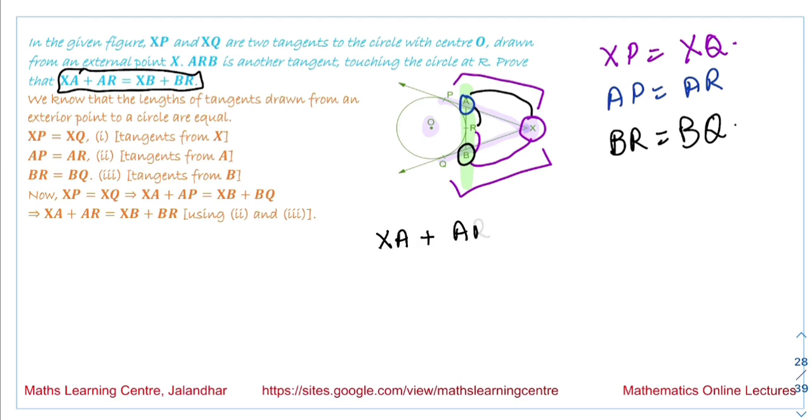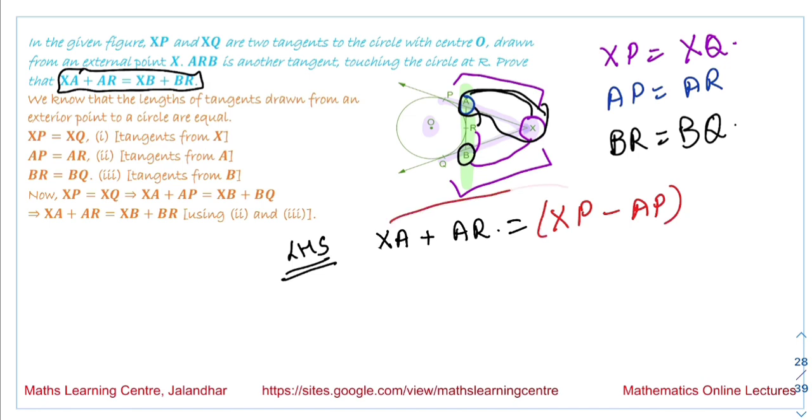Now we have to prove this result, that XA plus AR. We consider this left hand side over here. This length is XA plus AR. XA, when we look at this length, is equal to XP minus AP.